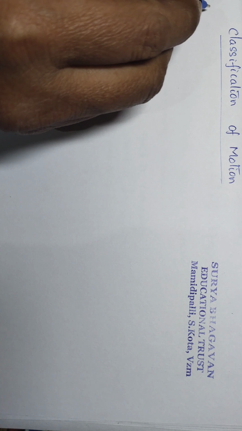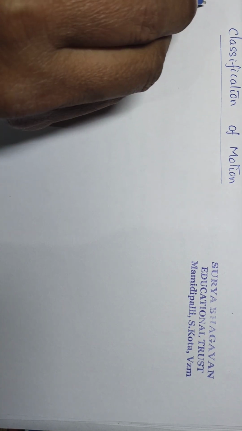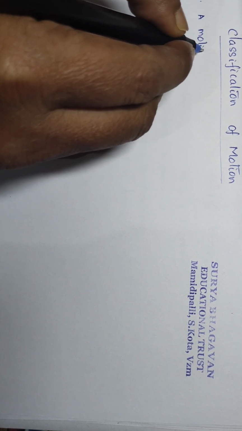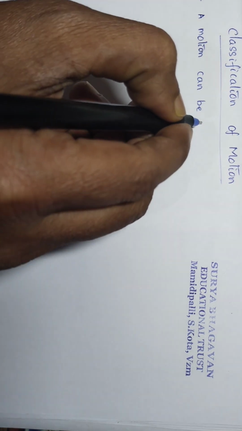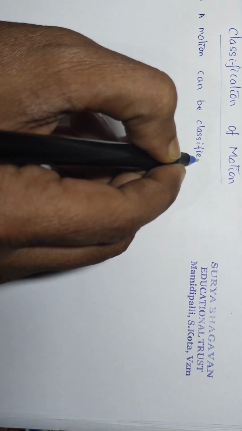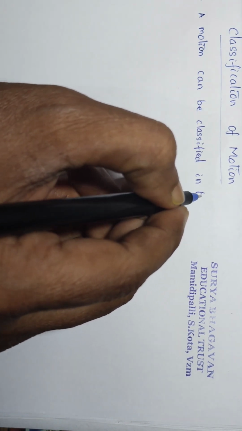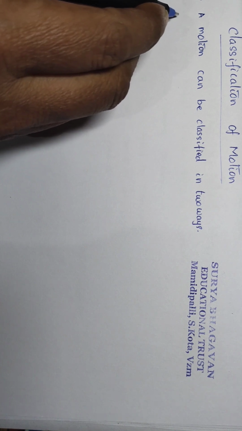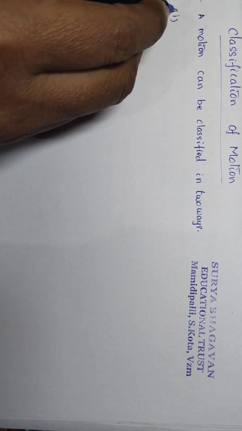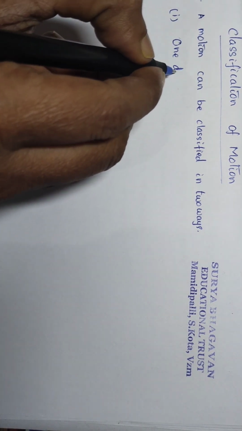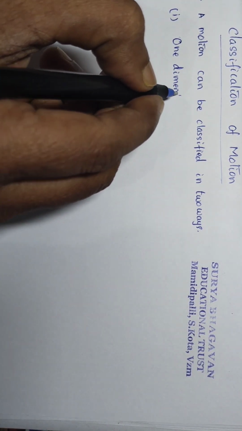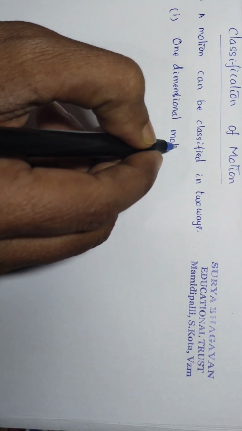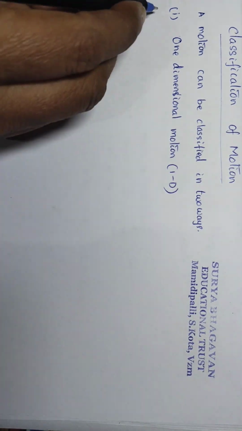Motion can be classified in two ways. One is one-dimensional motion, that means 1D motion.